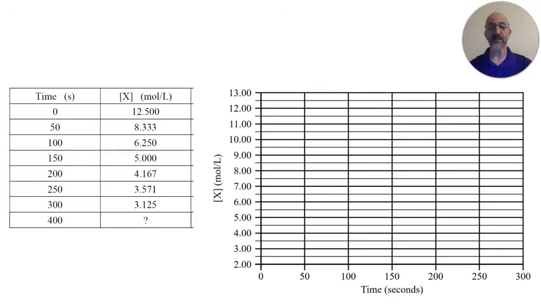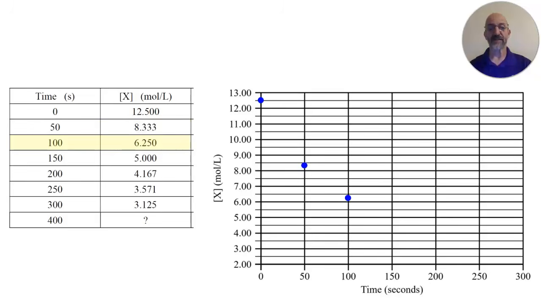And so the first concentration I see is 12.5 moles per liter at a time of 0 seconds. So I'm going to put a dot on the graph at time 0 for 12.5. Now I have some more data points to plot. So at 50 seconds, it looks like it's approximately 8.33. And then at 100 seconds, it looks like it's 6.25.